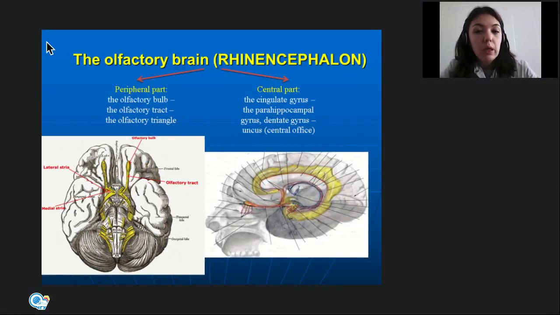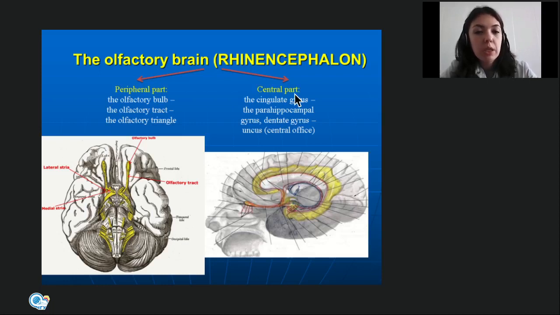Olfactory brain. So the oldest part of cerebral hemispheres is the olfactory brain, and it has peripheral and central parts. The peripheral part is presented by the olfactory bulb, then posteriorly the olfactory tract, and the most posterior part is the olfactory trigone.